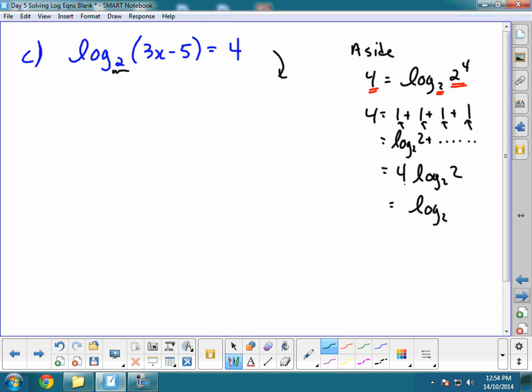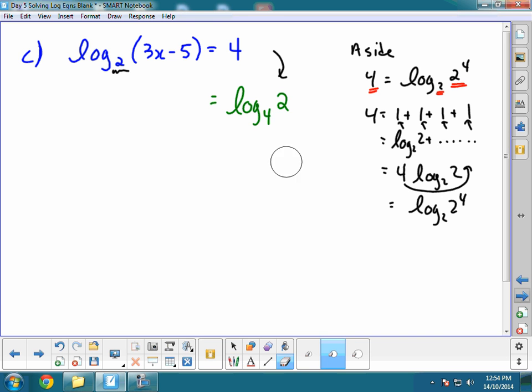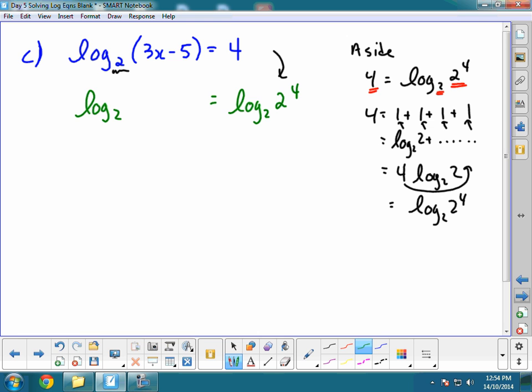And that 4 can come up top to 2 to the power of 4. So both of those are long-winded explanations to say that in this one I can change this, base 2, into that. And the left-hand side would stay 3x minus 5.